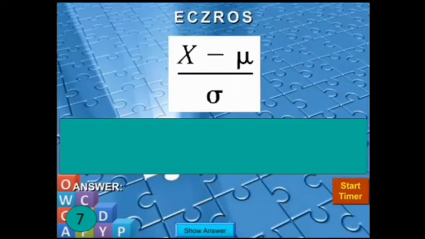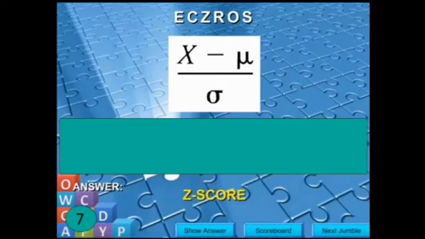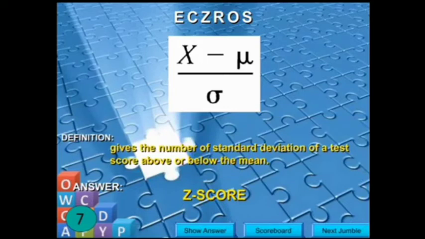Round 7. Time starts now. Time's up. The answer is z-score. It gives the number of standard deviations of a test score above or below the mean.